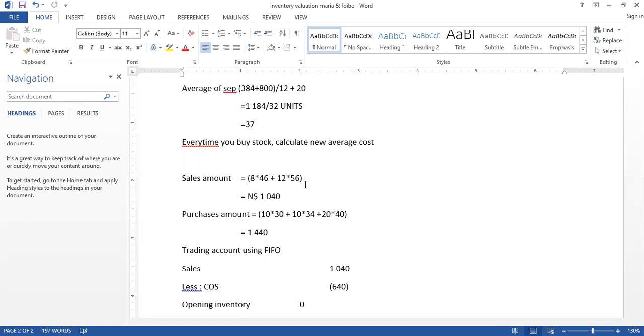We only use them to calculate our sales amount. So 8 times 46 plus 12 times 56. Those were your only sales that you made. Then you get your sales amount.